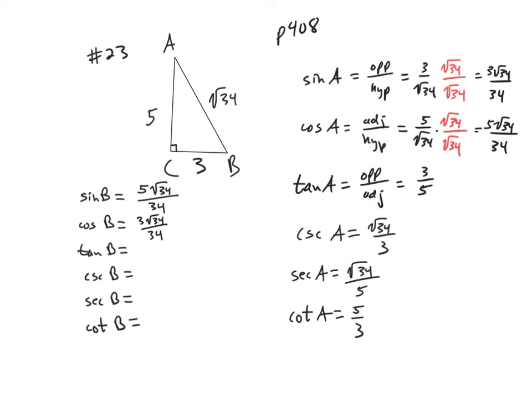Now tangent of B is going to be opposite over adjacent, so that's 5/3. So I can go down here and the cotangent would be 3/5.